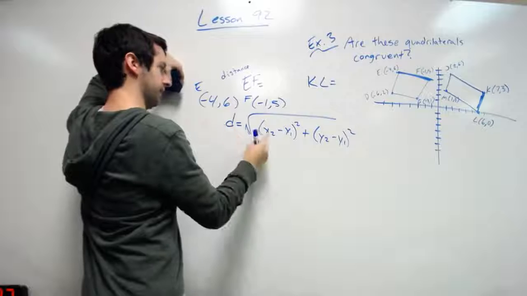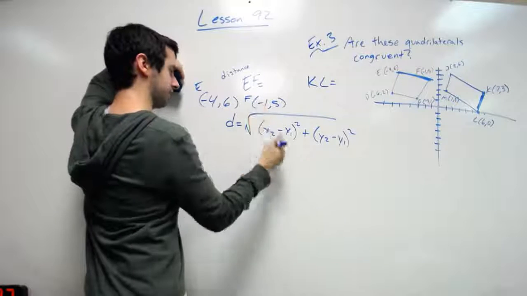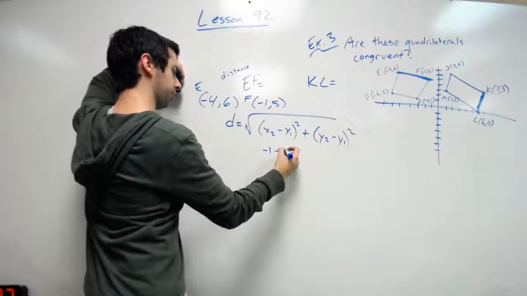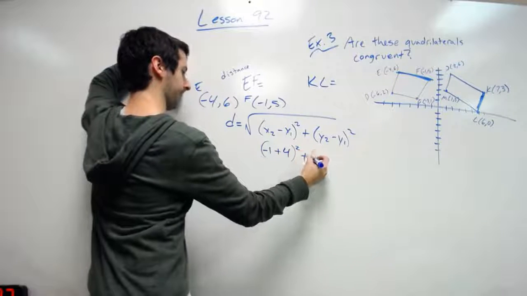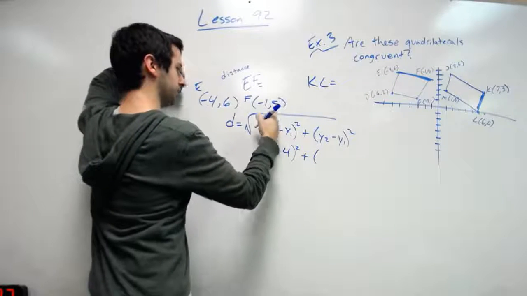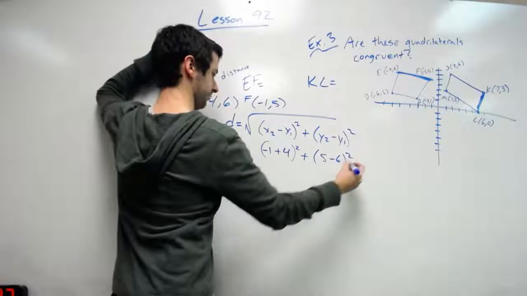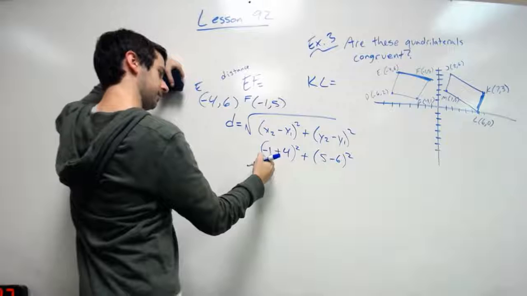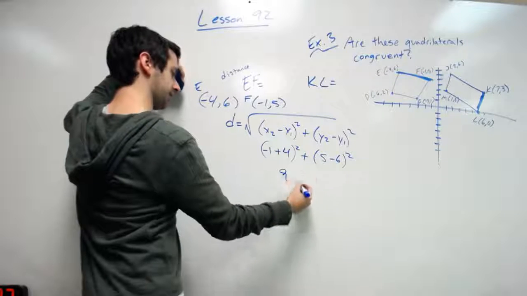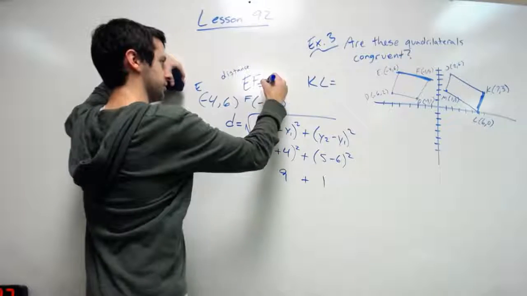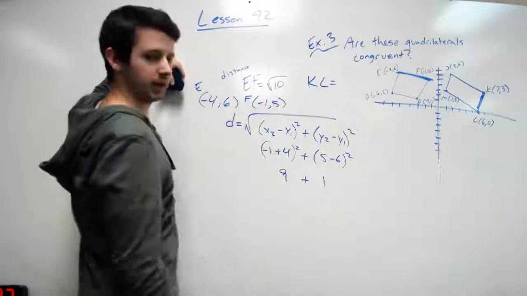So I plug those in. x2 is negative 1. x1 is negative 4, so it would be a plus 4. y2 is 5. y1 is 6. So when I solve, it'd be 3 squared, that's 9. Negative 1 squared, that's 1. So this would be the square root of 10 for EF.